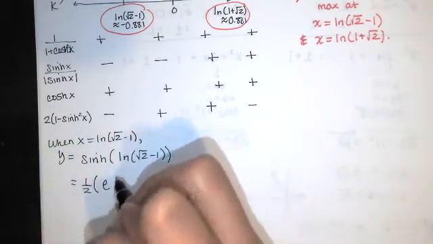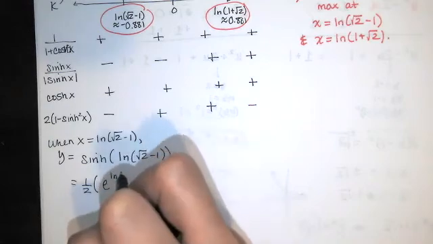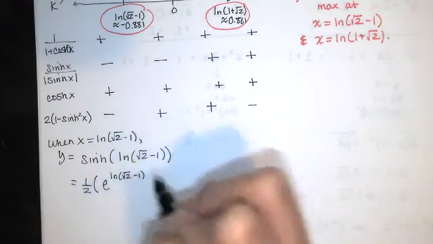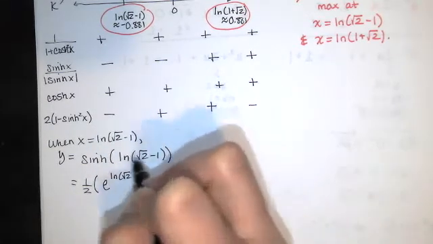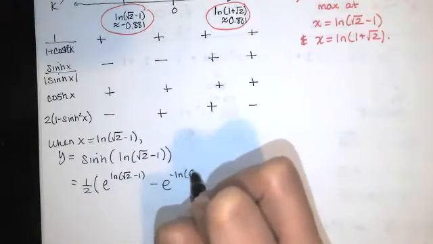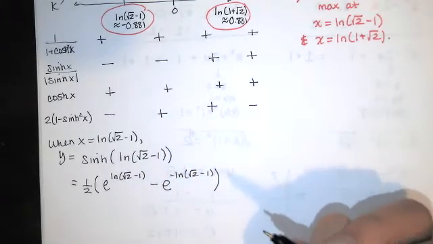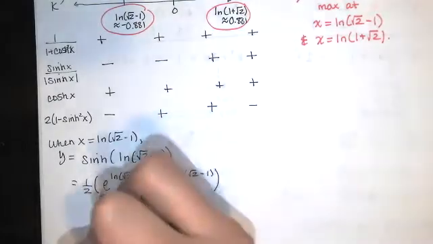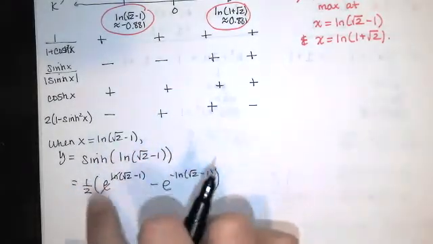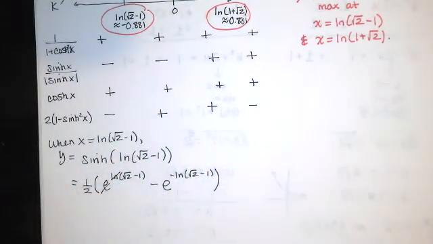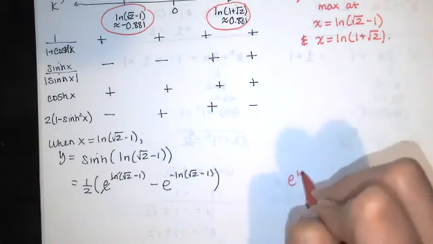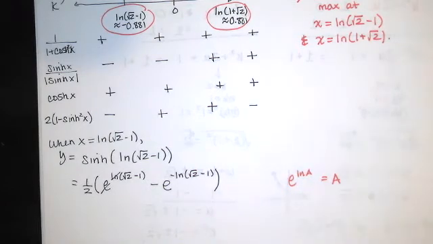So this is 1/2 of e to this power minus e to that same power but negative. I know it's a little weird. Okay, so in order to simplify this, the log and the exponential, they undo each other. So we just get a back.